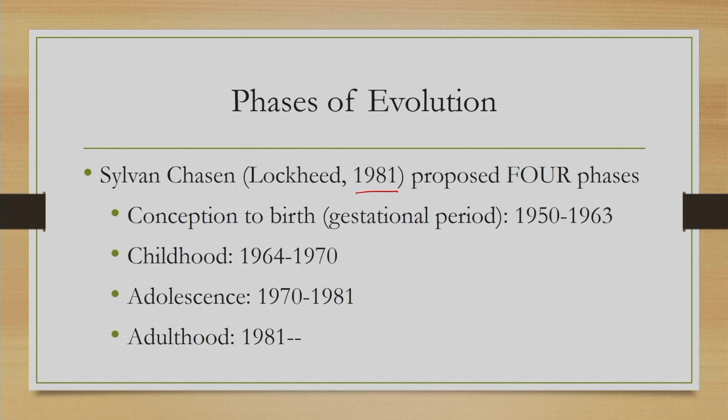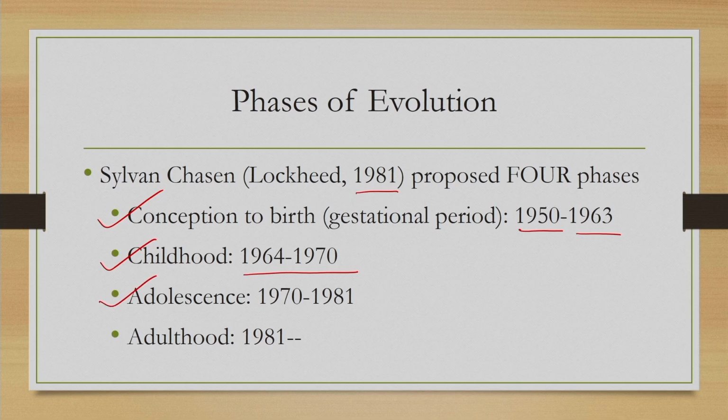The first phase was conception to birth, which is typically considered to be between 1950 and 1963. This is also known as the gestational period. The second phase is the childhood phase of short duration, 64 to 70 in the last century. Then we have the adolescence.